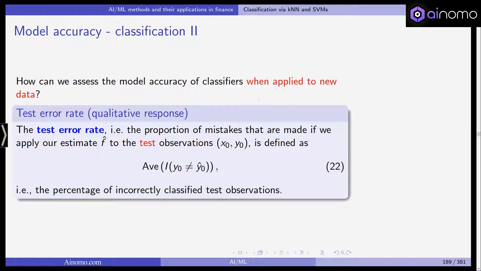Again the proportion of mistakes that we make if we apply our estimate to the test observations x0, y0, it is defined as the average of a comparison of the responses y0 and whether we can actually predict it correctly or not. So it's the percentage of incorrectly classified test observations.